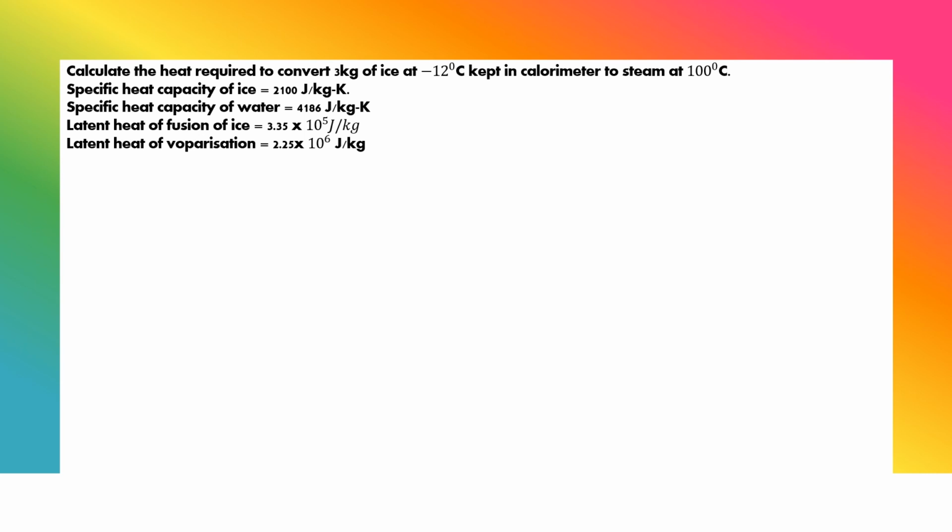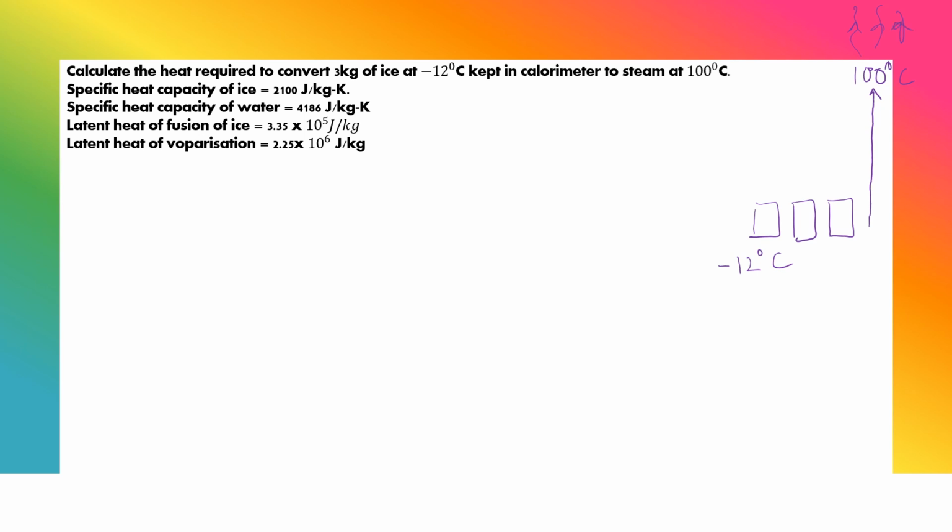Let's get started. So as you can see in the question, there is just one ice cube, and that ice cube is at minus 12 degrees Celsius, very much like my explanation which I had used in the last video. And this minus 12 degrees Celsius ice is taken to the boiling point, which is 100 degrees Celsius, and at this boiling point it's converting into steam, right?